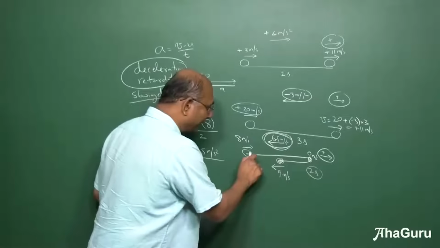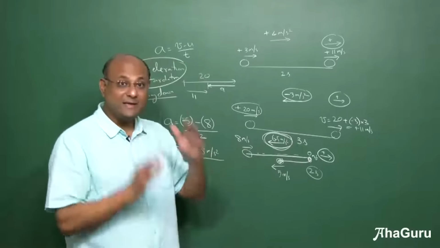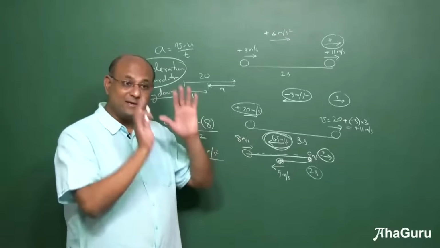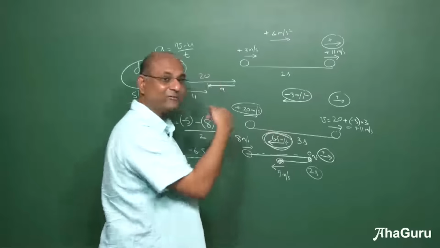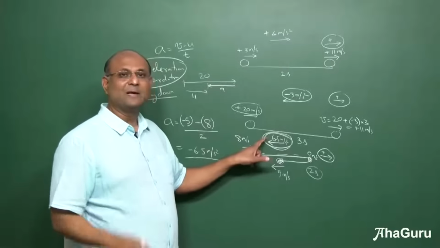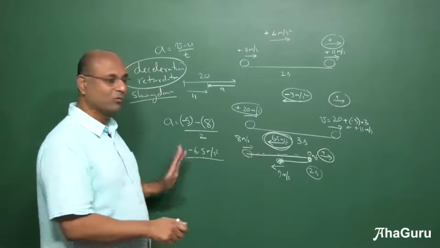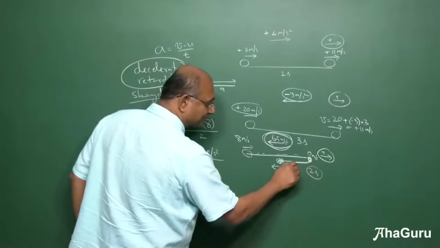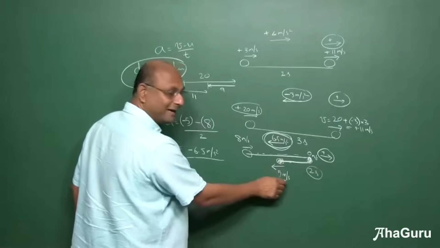Right now, is it slowing down? Yes. Is it decelerating? Yes. Is it accelerating? Yes. What is its acceleration? Minus 6.5. What is its deceleration? 6.5. So does it mean whenever it's decelerating, it has negative acceleration? No. For example, this part, from 0, it is now coming towards 5.